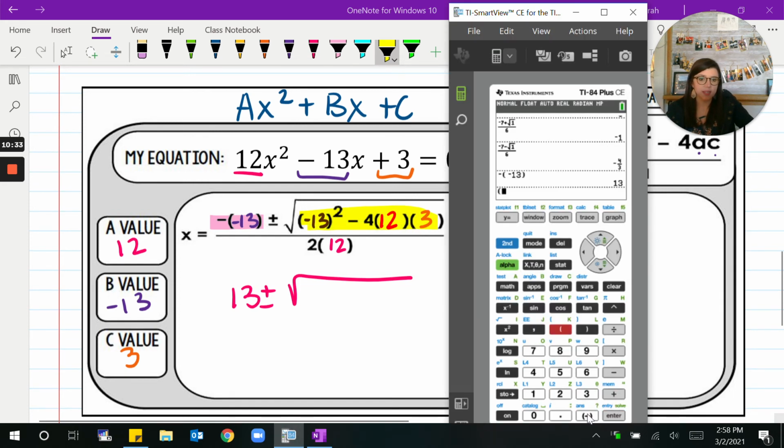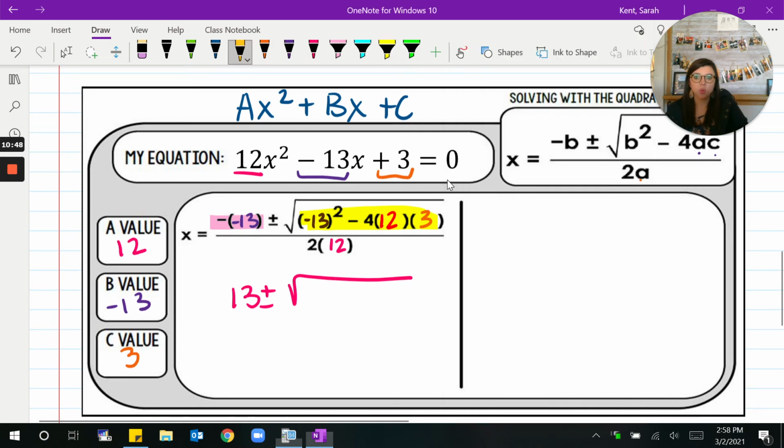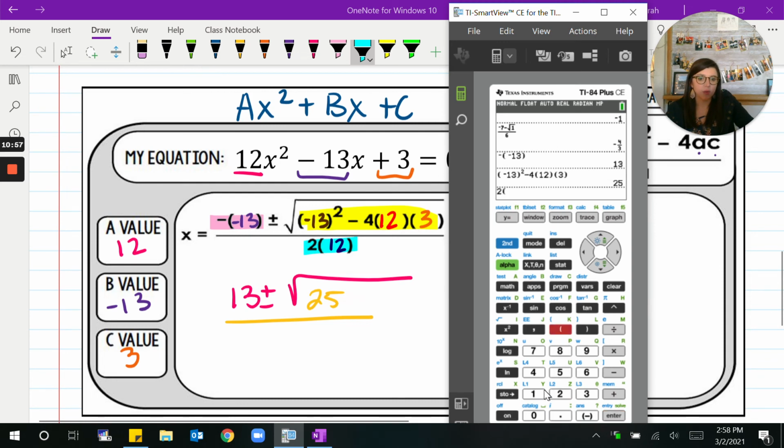So parentheses, negative 13 squared minus 4 parentheses 12, not 11, 12 parentheses 3, press enter. Here I got 25 over, lastly, 2 times 12. So 2 parentheses 12, not 11, 12. Enter, we get 24.